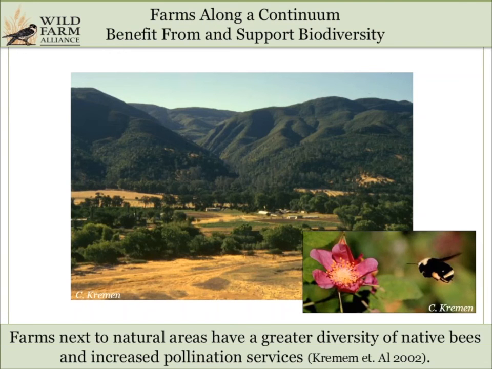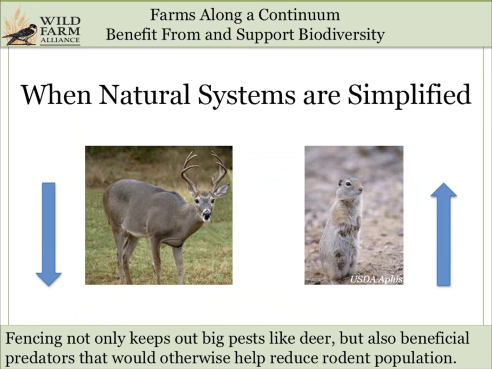Having farms next to natural area means there's greater diversity of native bees and increased pollination services. So you might think that you would have to fence out some of this wild nature, and it's true, sometimes wildlife eat the crop, and there have to be fences, and that can close off corridors.